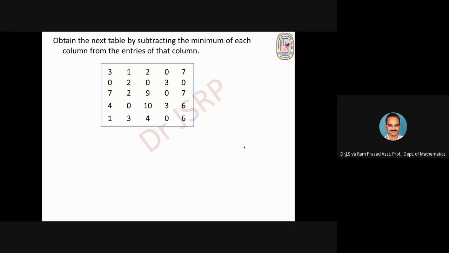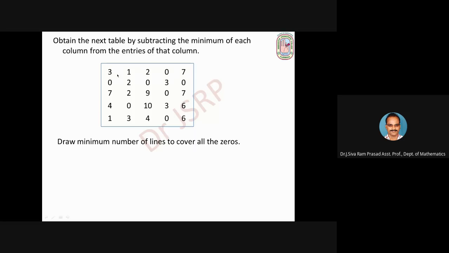Okay, right. So at present we have at least one possible assignment for rows as well as for columns. Now we have to fix the assignments. For that, we draw the minimum number of lines to cover all the zeros. For that, first consider the first row.